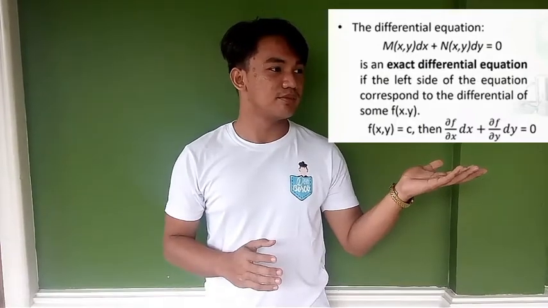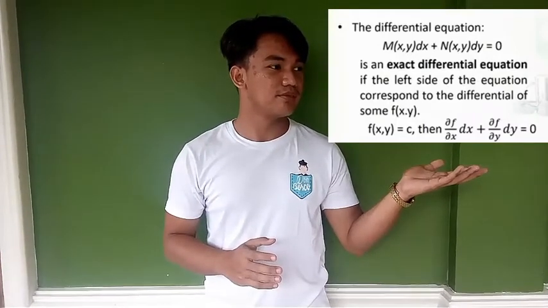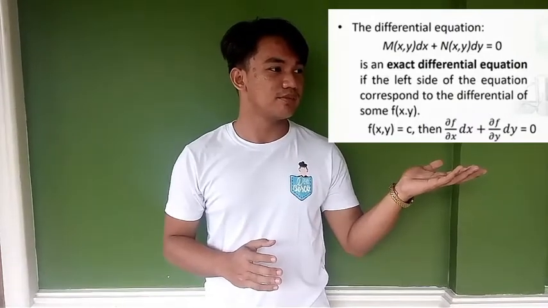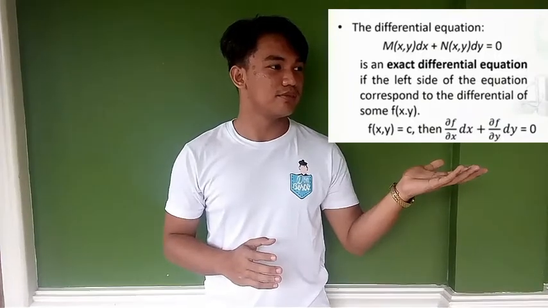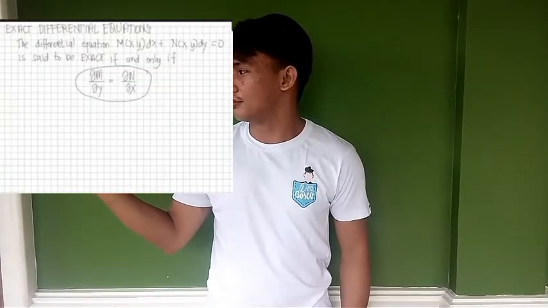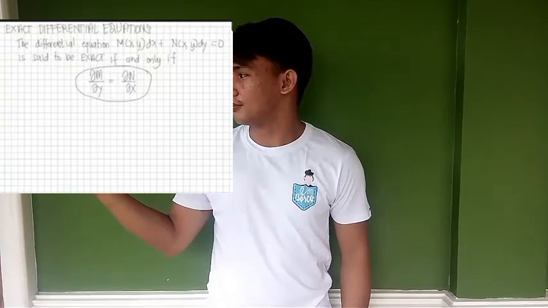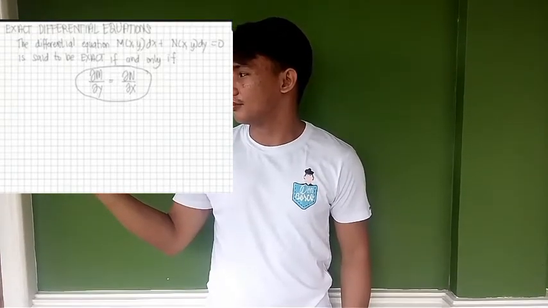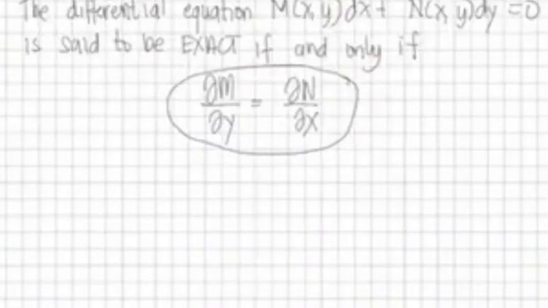F of x and y equals c, then the partial derivative of f with respect to x dx plus the partial derivative of f with respect to y dy is equal to 0. It is said to be exact if and only if the partial derivative of M is equal to the partial derivative of N.